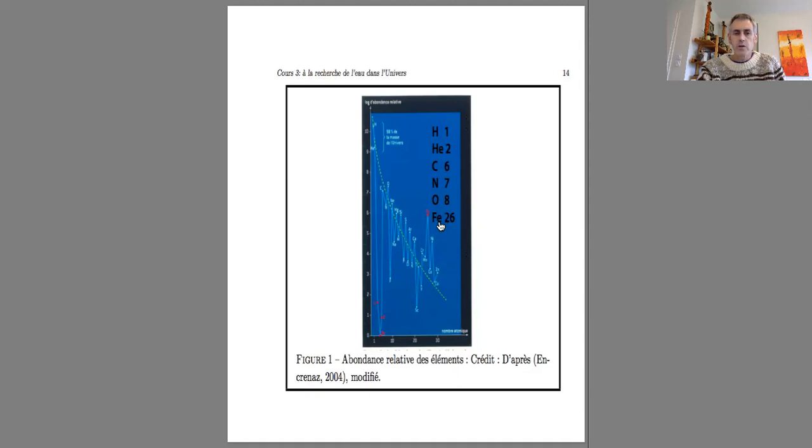So you could in principle read this off the axis here, but it's a little hard to read. There's atomic number 20, atomic number 30, and iron here is shown in red because it's atomic number 26. Hydrogen is the most abundant element, and helium is next, representing about 98% of the mass of ordinary matter in the universe, as we've said before.